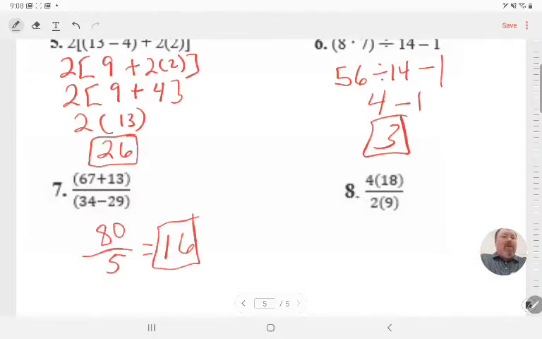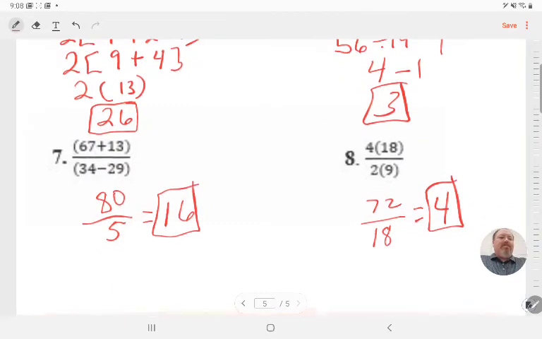Okay? All right. Number 8. We have 4 times 18 divided by 2 times 9. So we do our numerator, which is 4 times 18, which is 72. And 9 times 2, or 2 times 9, is 18. And 72 divided by 18 is, I believe, 4. So if you got 4, nice job.